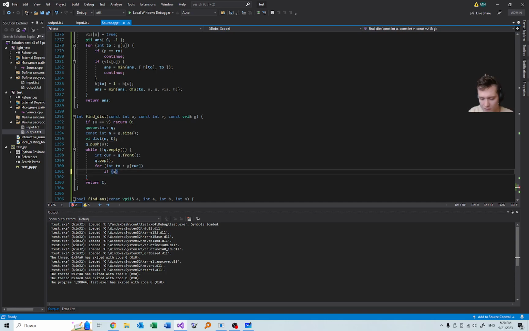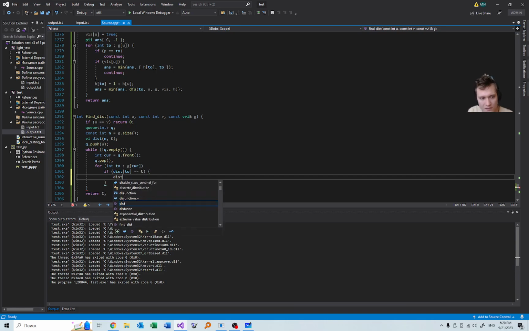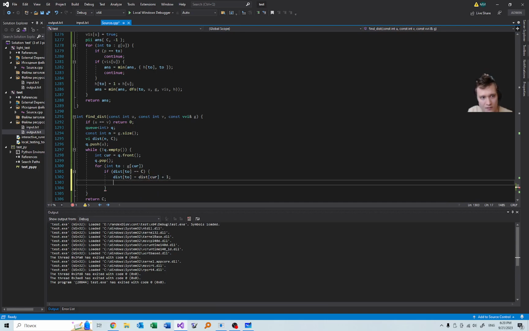So if distance 2 is c, then I say that distance 2 equals distance current plus 1 and q dot push of 2.